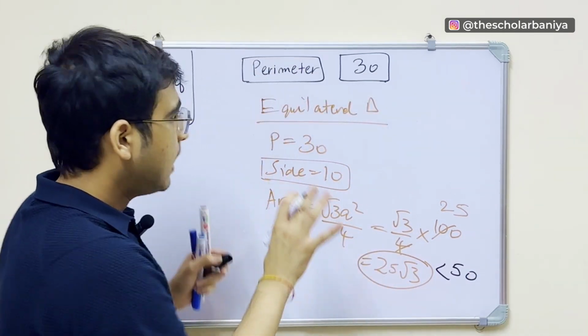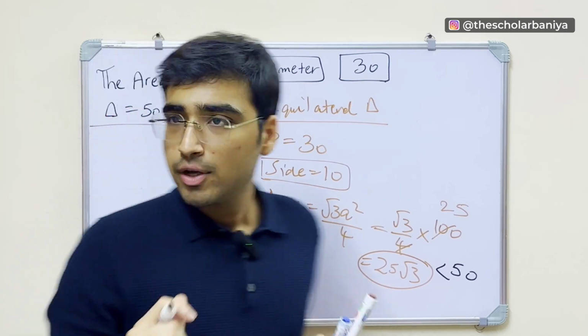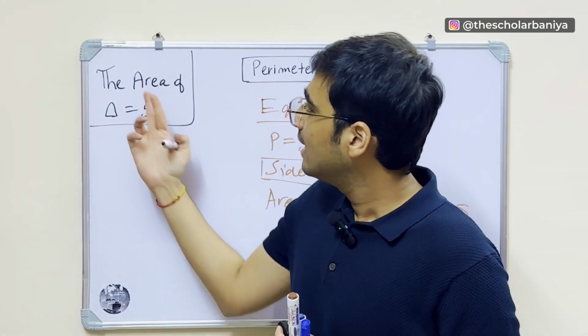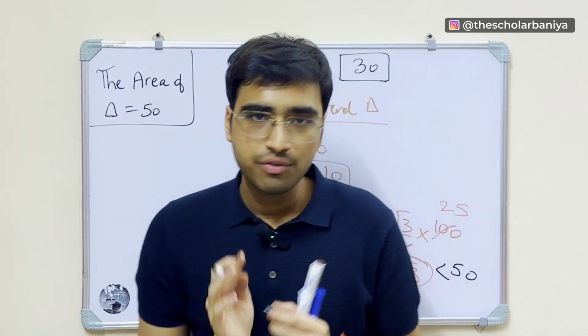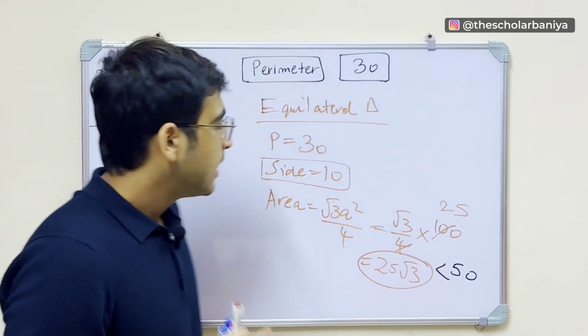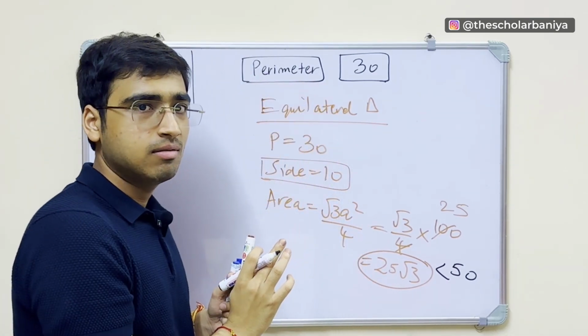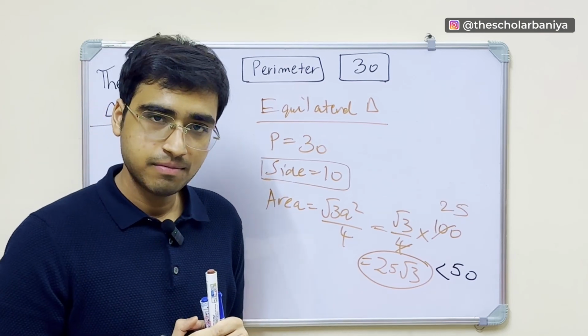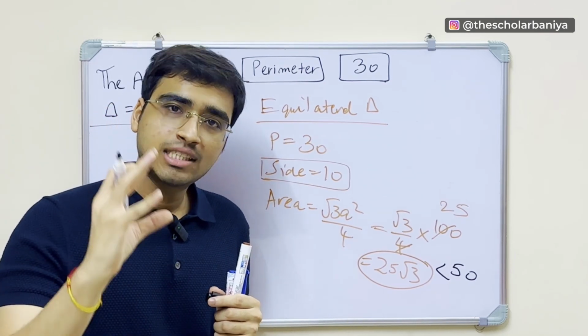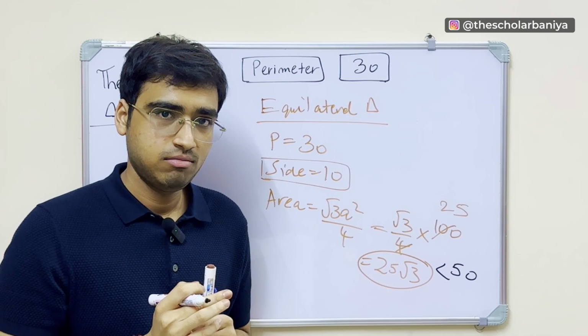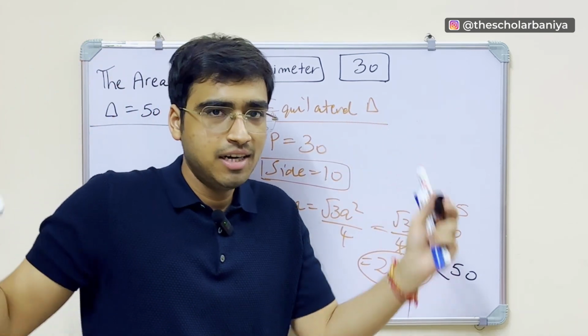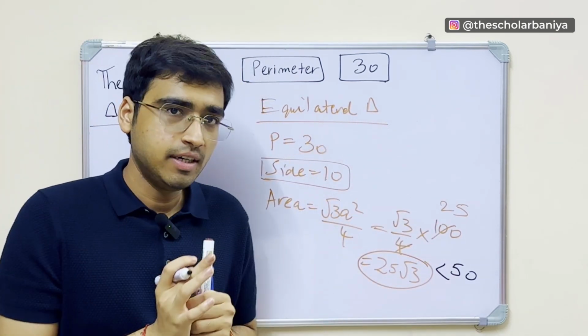Okay. Now, why did we do all of this? Because it is given in the question that the area of the triangle is 50, right? Now tell me one thing. If the perimeter is 30, then what can be the maximum area of the triangle? For example, there is any random triangle whose perimeter is 30.